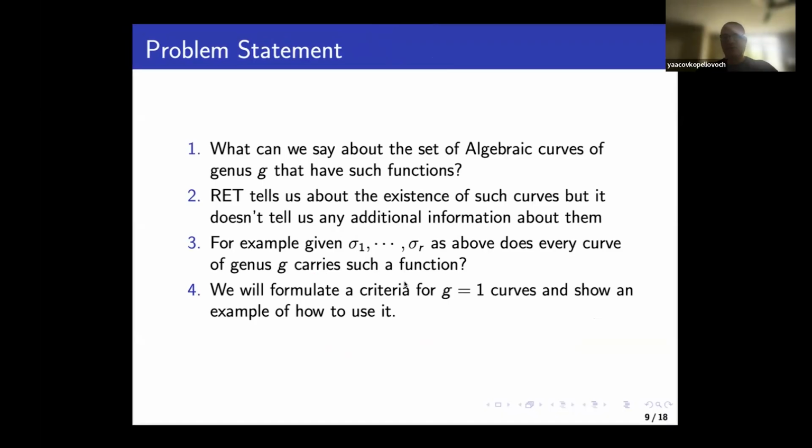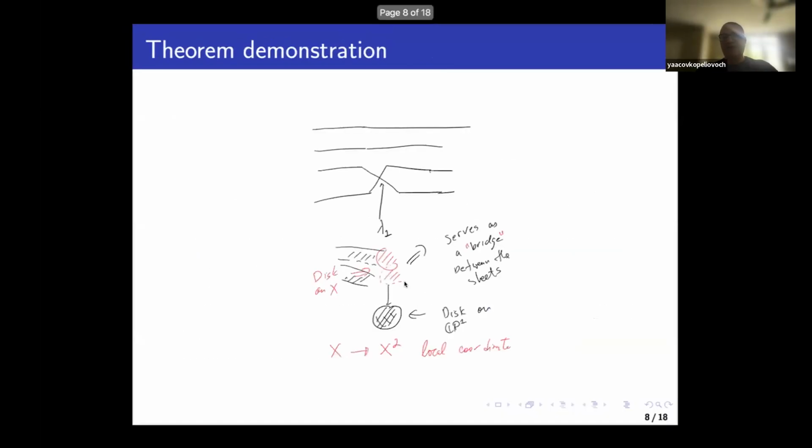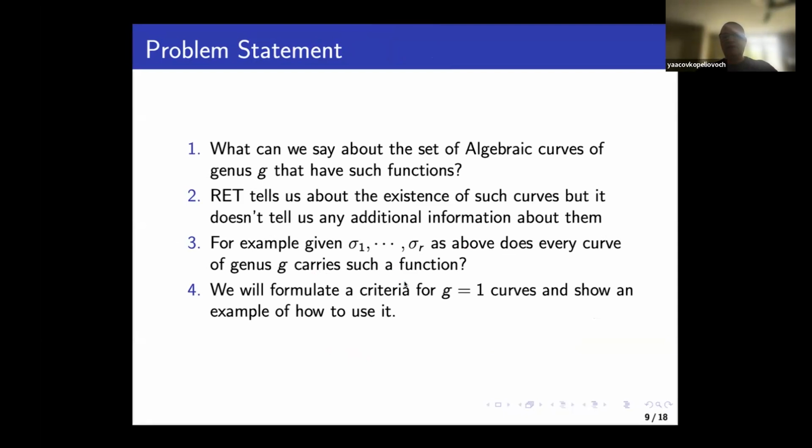This theorem will tell us that we have one curve, but it doesn't tell us any additional information about them. For example, if I have this kind of permutation, does every curve of genus g carry such a function? So I'm going to answer this question for a g equals 1 curve and show an example of how to use it.